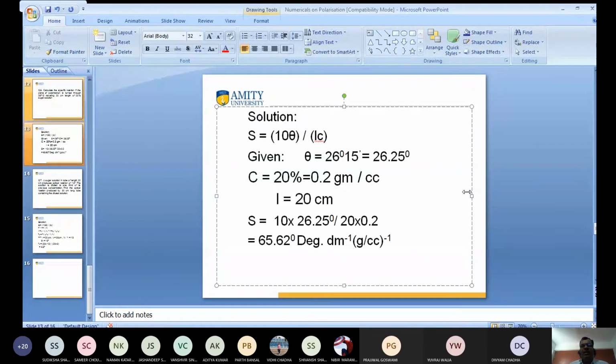It is not correct. Just a minute. Degree means what? 1 degree is 60 minutes.